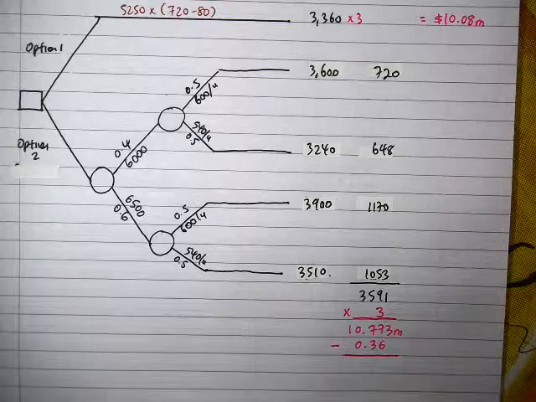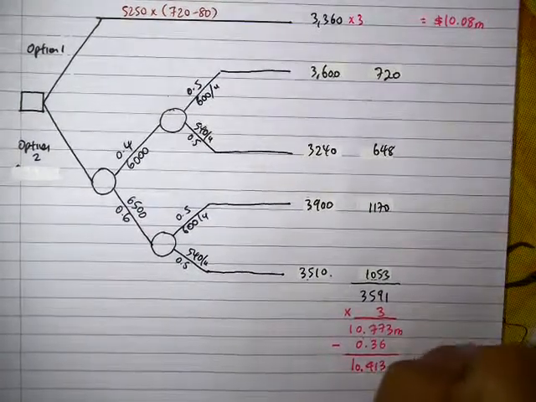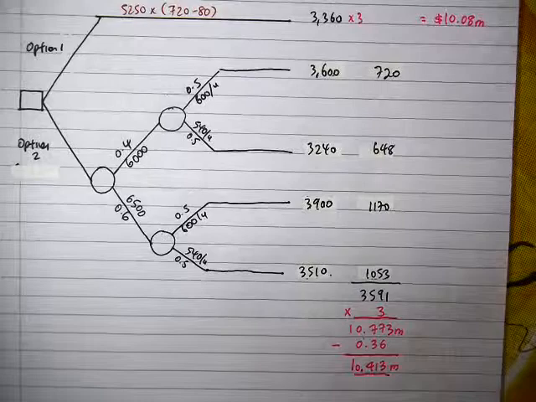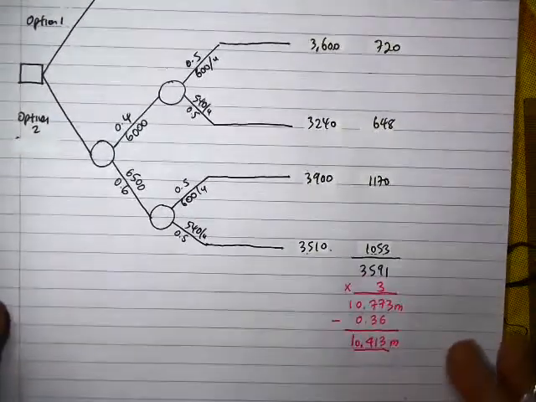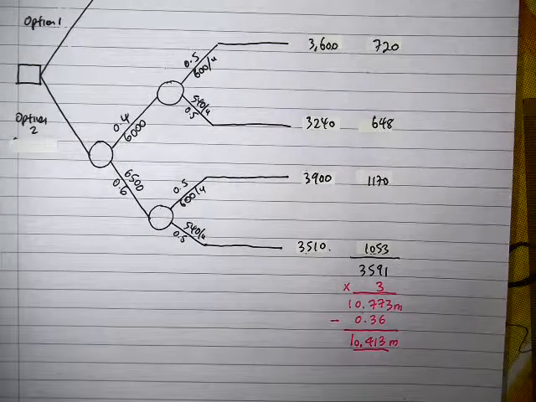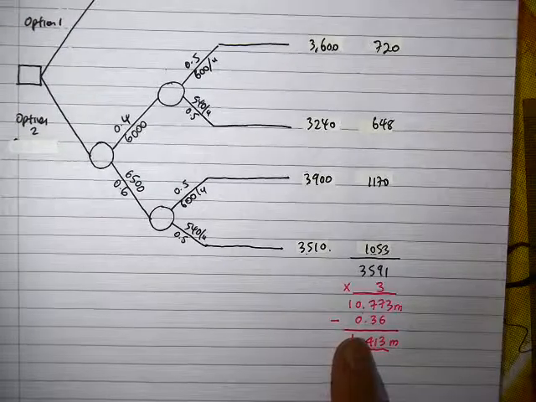So I get 10,413. Okay? Sorry, I forgot the 3 here. If let's say I minus out, then I cannot do like that. Now, so the investment cost is just one-off only. So I just got to minus once at the end.